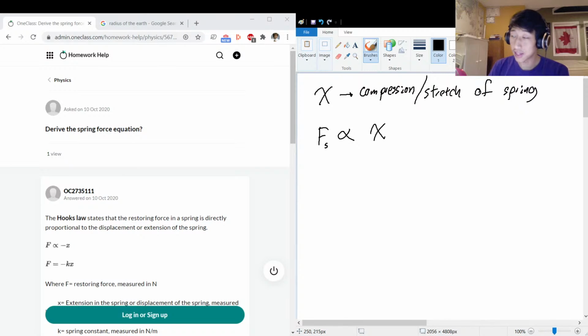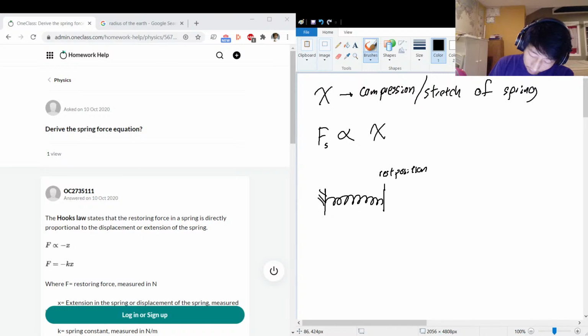Well, let's actually think about what this means and how we should incorporate our signs here, because signs are kind of important, but they're a lot easier to deal with once you can visualize what's going on. Suppose we have a spring like this. This is its natural rest position, and it's affixed against a wall.